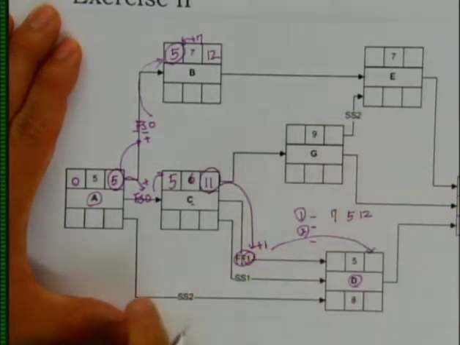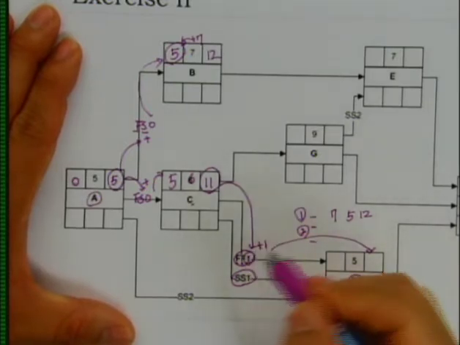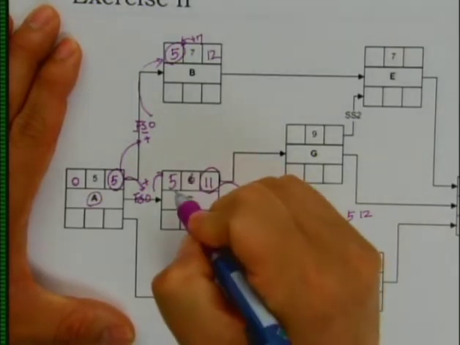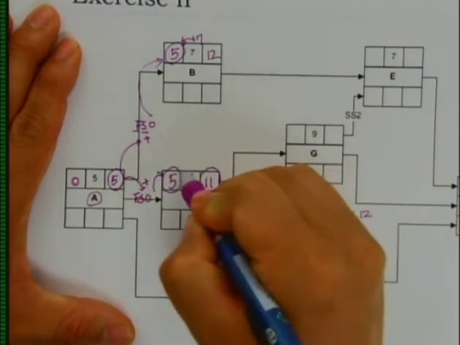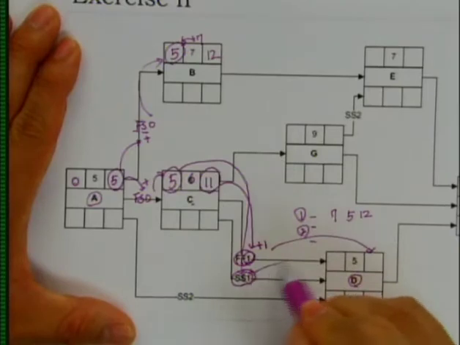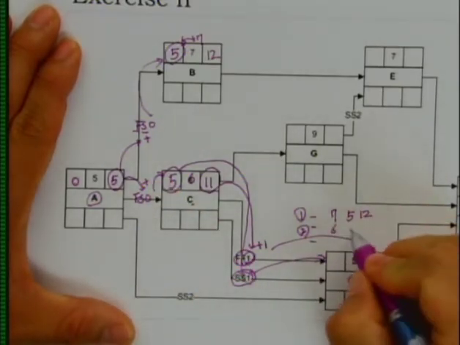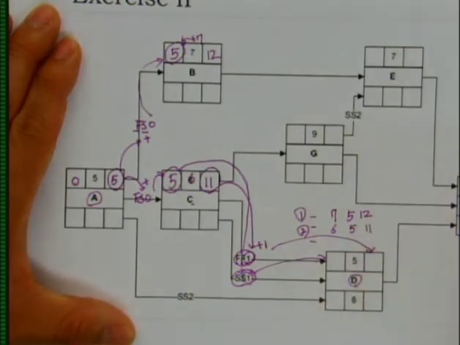Option number 2 will be here. Activity C and D also have a start to start relationship with 1 day lag. So that applies start to start. The early start of activity C plus your lag 1 will become your start. So 5 plus 1 will be 6. Your duration is 5, so it becomes 11. Let's look at activity D's relationship with A. That's a start to start relationship.